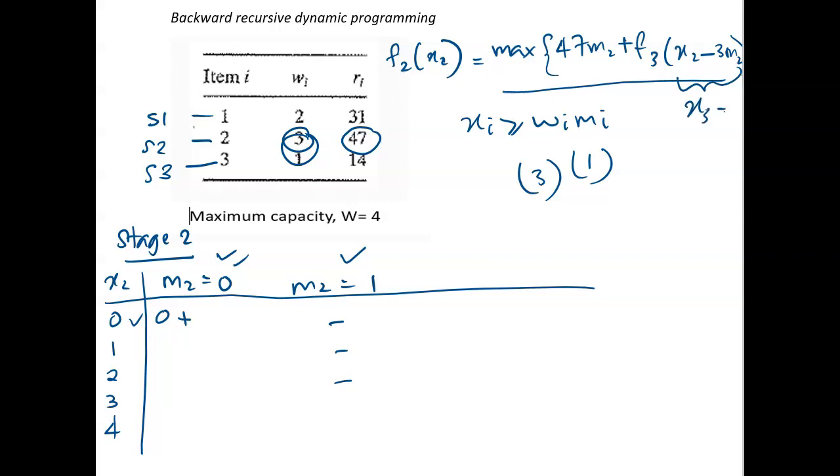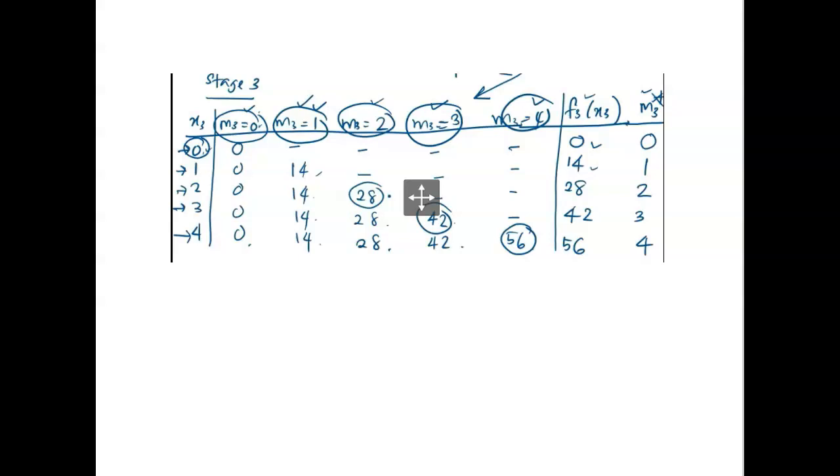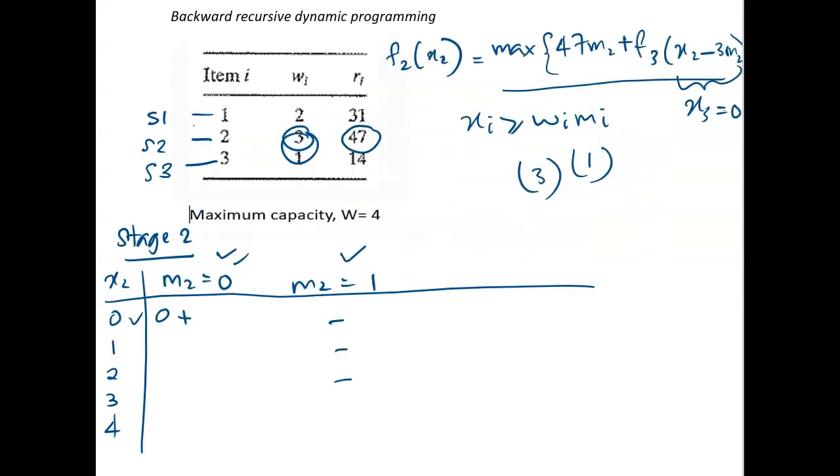So x3 will be 0. When x3 equals 0, we recall back our stage 3. When x3 equals 0, the value of f3 x3 also equals 0. So we will use this value in our iteration in stage 2. So 0 plus 0 equals 0.